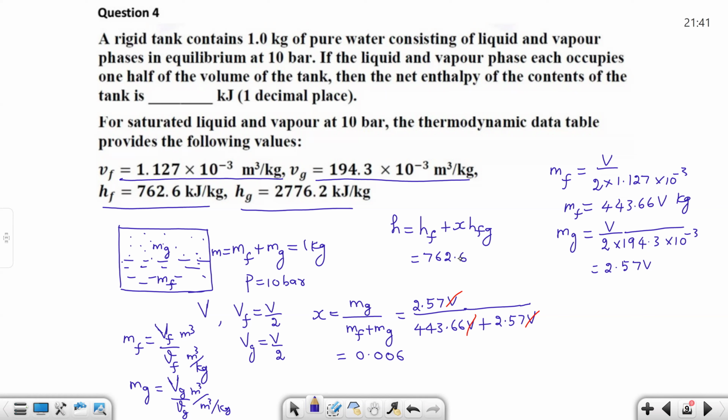Okay. So now we can get h. hf is 762.6, in kilojoule per kilogram, so you get the answer also in kilojoule per kilogram, plus x, which is 0.006, into hfg. We know that hfg equals hg minus hf. hg is 2776.2 minus 762.6.